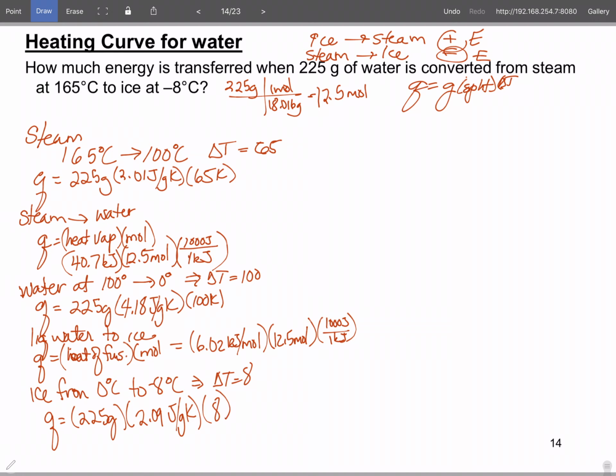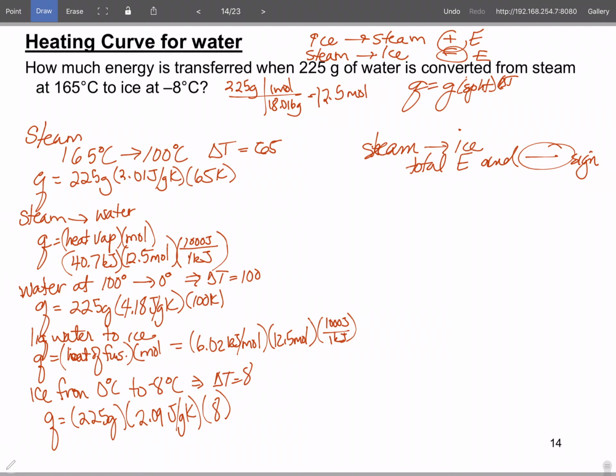So if we're going from steam to ice, then once we total the energy, we give it a negative sign because we're giving it off.